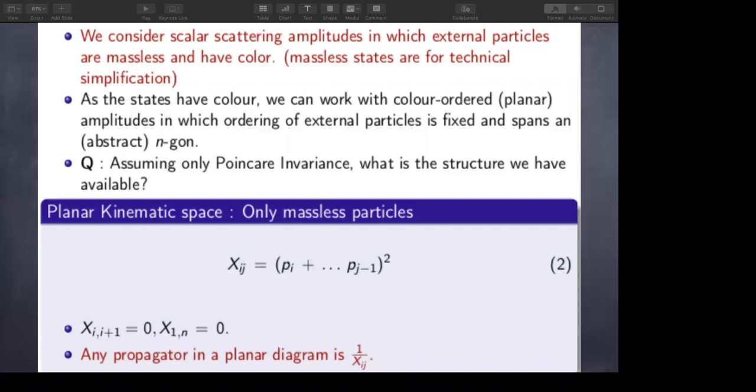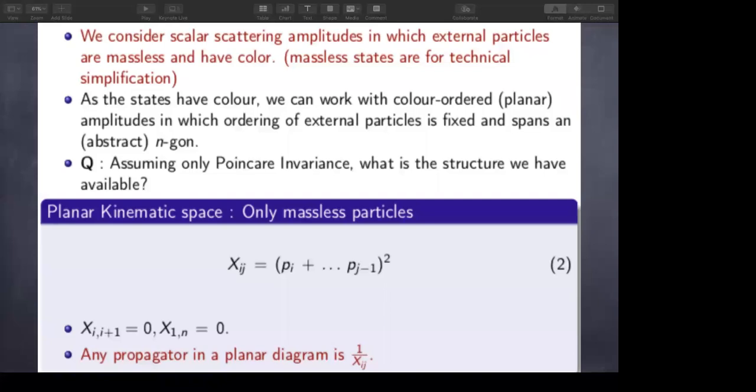This kinematic space has a nice basis, which is basically spanned by what we will call X_ij. They are known as planar kinematic variables, which are just defined here. You just sum the momenta from the ith to the (j-1)th, and these X_ij have a nice property that x_{i,i+1} is obviously 0 because p_i squared is 0, since the external particles are massless, and x_{1n} is 0 because of momentum conservation.